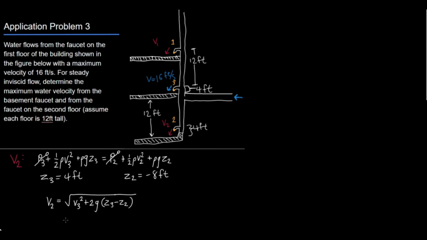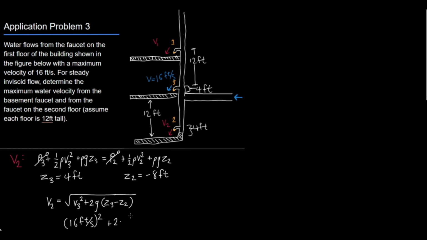And we can just plug in our numbers here, where V3 is known to be 16 feet per second, quantity squared. We're going to draw this a little closer to the bottom, where it will be 16 feet per second squared plus 2 times gravity. In this case, gravity is not 9.81.